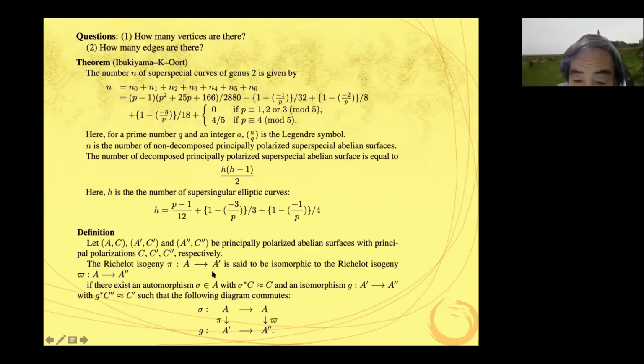We say they are isomorphic to each other if there exists an automorphism from A to A, and also an isomorphism from A' to A2', such that, of course, the pullback preserves the polarizations, and this diagram becomes commutative. Then these two Richelot isogenies are said to be isomorphic.